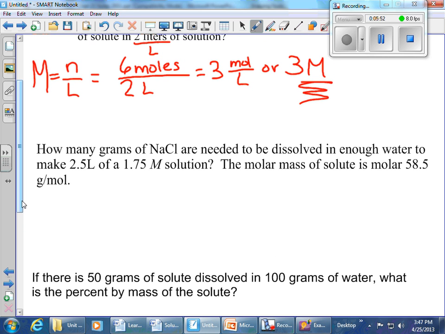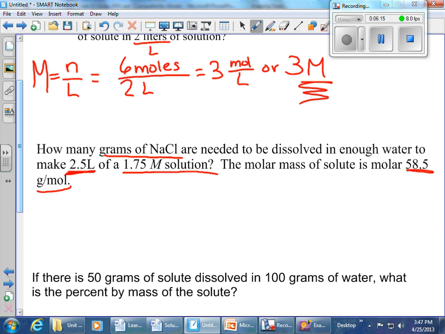The next one: how many grams of NaCl are needed to dissolve in enough water to make a solution? Here we have the volume and the molarity of the solution. The molar mass, which I'm giving you, is 58.5 grams per mole.